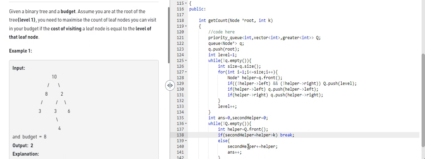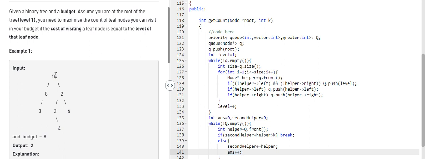No, so it will be false. And then in second helper you add the level of this leaf, the budget for visiting this leaf node. So second helper plus plus, and we visit one leaf node, so here ans plus plus.